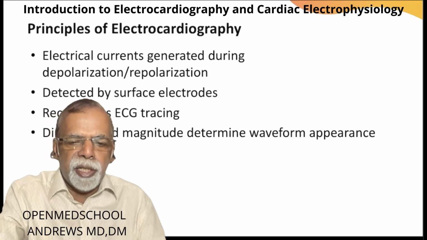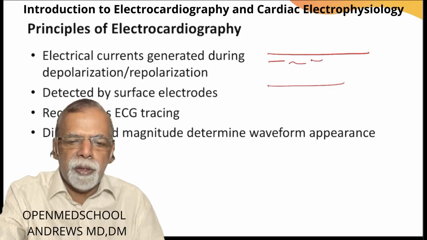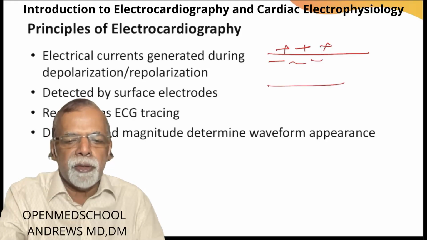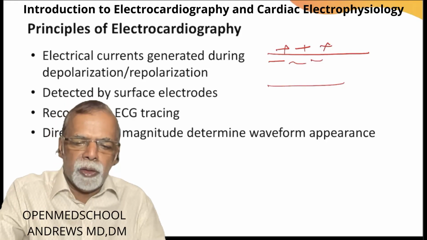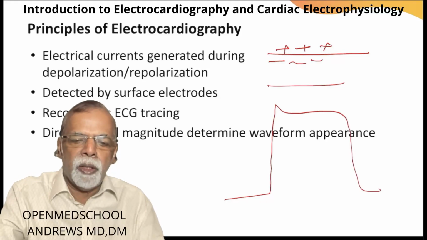As mentioned, during depolarization, we know that the inner part of the cell is negative, and during depolarization it is changed due to the sodium pump. So the depolarization wave comes, there's a rapid influx of sodium.